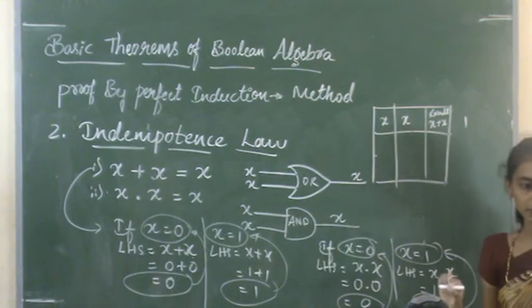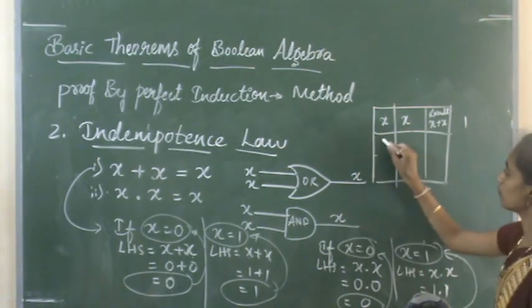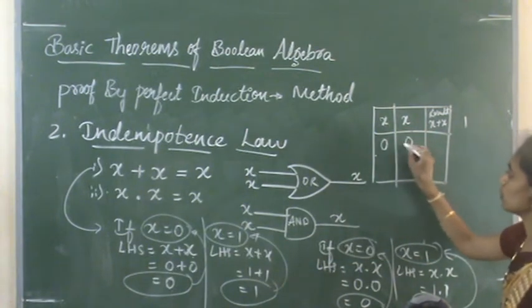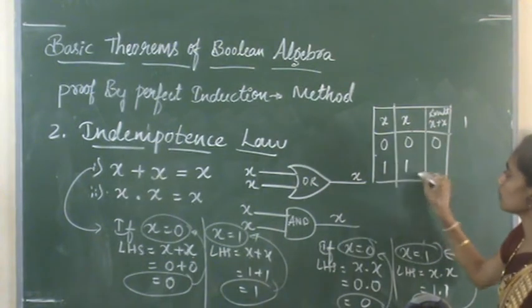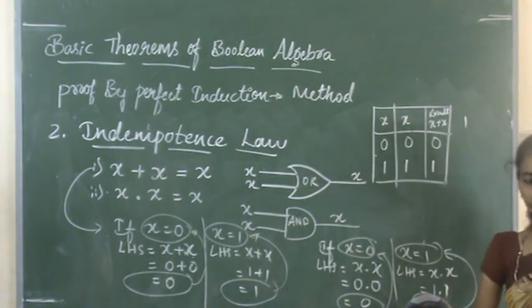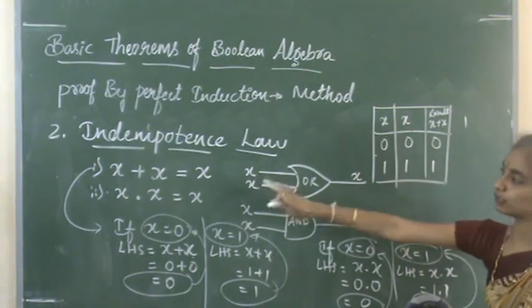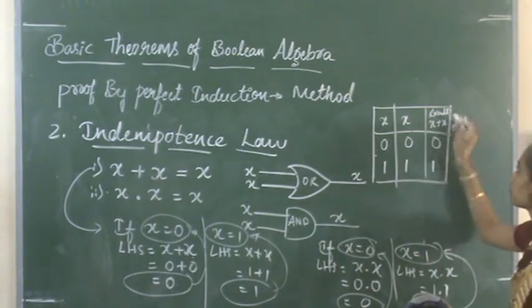The result will be x plus x, so that is equal to x or not. If I give x value as 0, the output will be 0. If I give x value as 1, the output will be 1. For that, I will write the truth table for both in one table. So you can split it, okay?